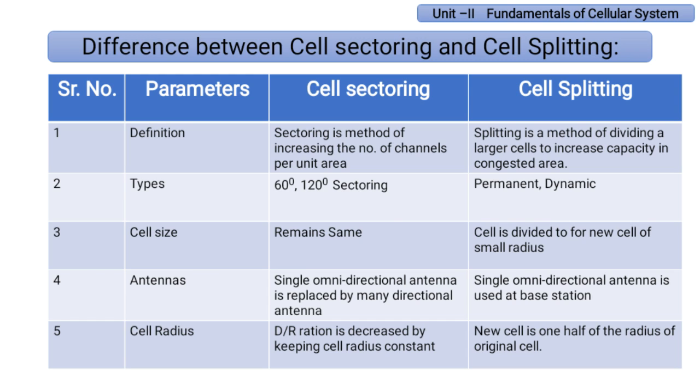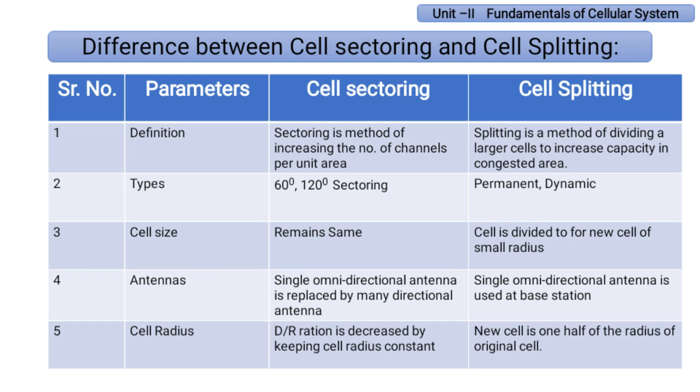What about the cell size? In cell sectoring, the size of the cell remains the same, we only make sectors in degrees. In cell splitting, we divide the original cell to form a new cell having a radius 1/2 of the original cell.